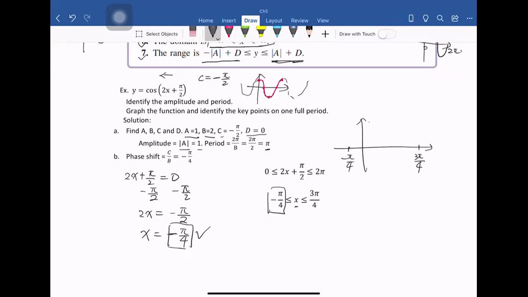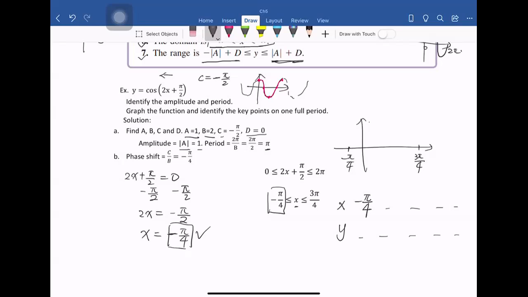And remember that we need to find the 5 x points and y values. The first one is the phase shift, negative pi over 4. For this kind of general function, the first point should be the phase shift.